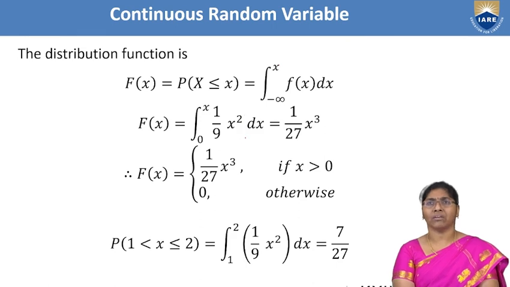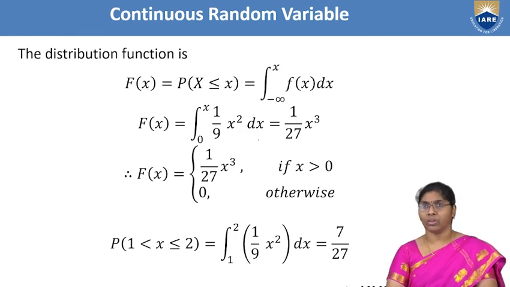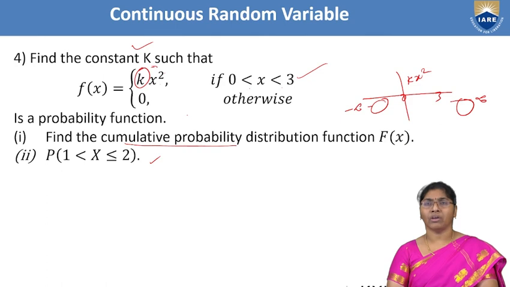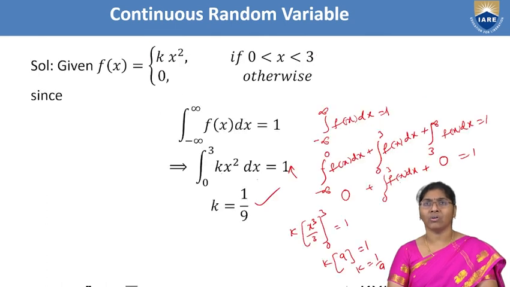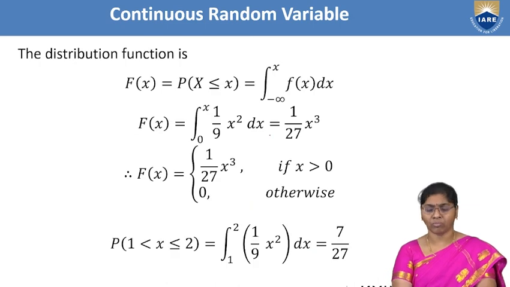The function is k into x square. The k value we already know, that is 1 by 9, so we substitute 1 by 9 here. Earlier it is k into x square. Now substituting that value, we get 1 by 27 into x cube.